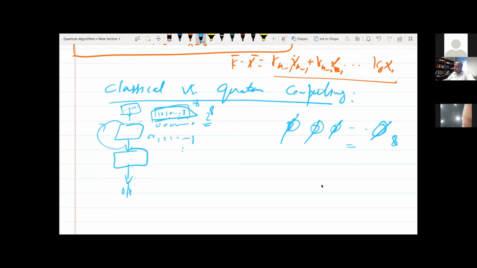Also, this means that when we start with a certain number of qubits, at the end of our unitary operations we still have the same number of qubits, which means that the number of inputs and outputs in a quantum computer is always the same. You're not going to destroy any inputs, while in a classical computer, logically, we can do that.